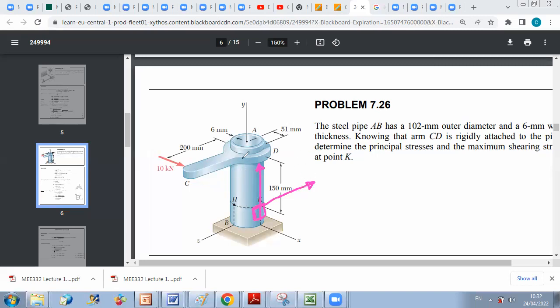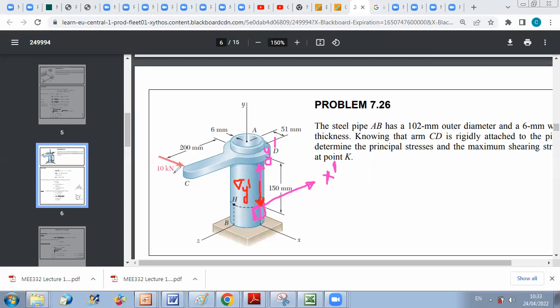If I want to plot x prime, y prime, this is my x prime, this is my y prime. I have compressive effects here, so I can plot sigma like this. This is sigma y prime, the compressive effect.